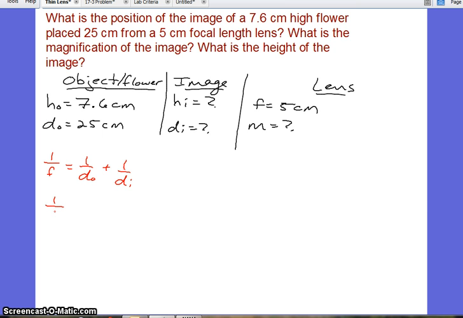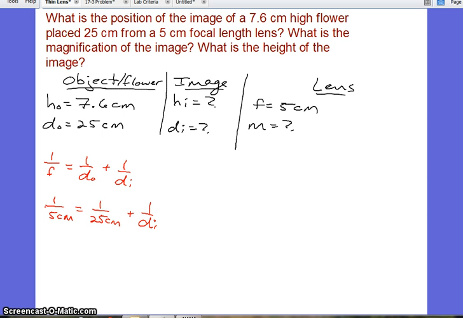So we have 1 over the focal length, which is 5 centimeters, and it is positive because it's a converging lens. That is equal to 1 over the object distance, which is 25 centimeters, and it is positive because the object is on the left-hand side of the lens. And we're finding the image distance in this problem. So we subtract 1 over 25 to the other side, and that gives us 4 over 25.